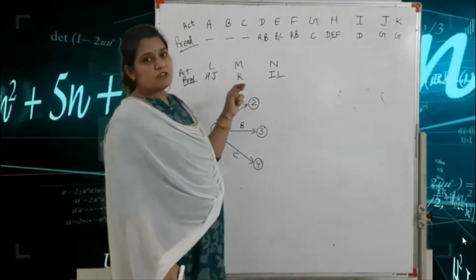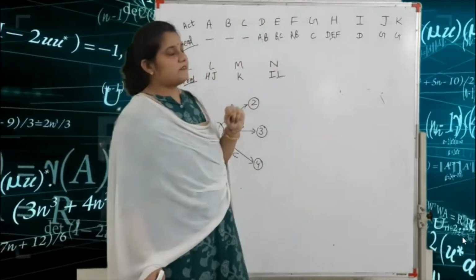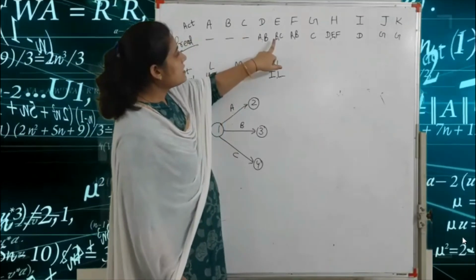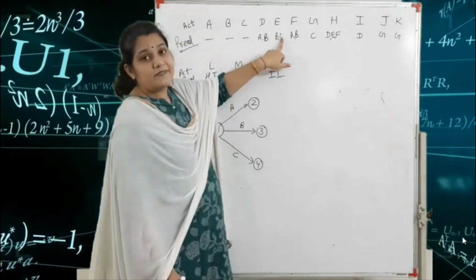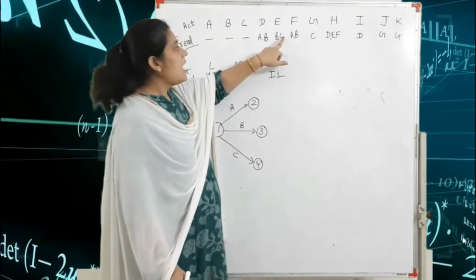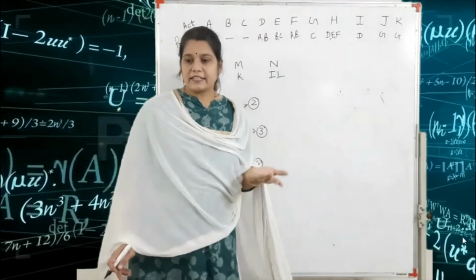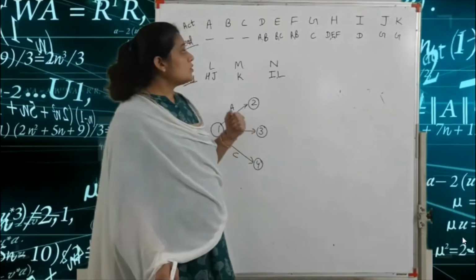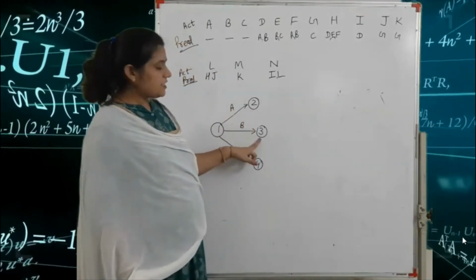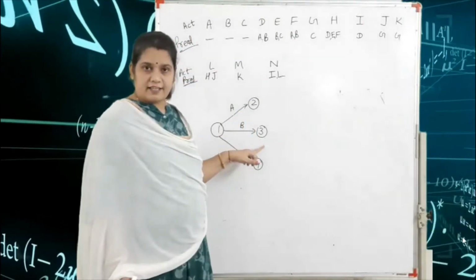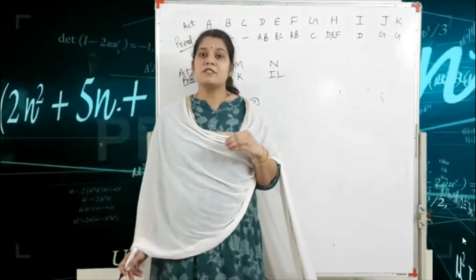So first check the next activity. The next is that when B and C activities are completed, after that we start the E activity. So B and C activities completed, then again we use a dummy activity.